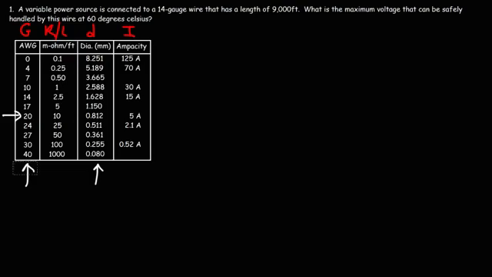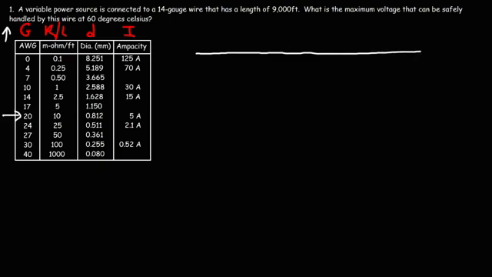Let's work on a problem that we have on the top of the screen. A variable power source is connected to a 14 gauge wire that has a length of 9,000 feet. What is the maximum voltage that can be safely handled by this wire at 60 degrees Celsius? Let's begin with a picture.